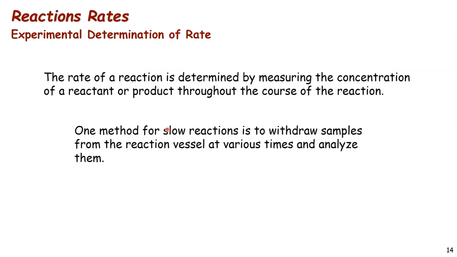So for example, if we have a really slow reaction, we could simply withdraw samples from the reaction vessel and analyze them, determining the concentration of any reactant or product. Now, if we're looking for the rate law, we need to understand the concentration of the reactants and products, all of them, which we'll talk about shortly, okay?